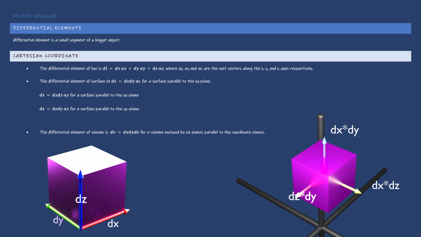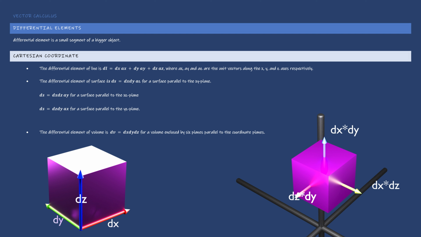The differential element of surface in Cartesian coordinates depends on which plane the surface is parallel to. If the surface is parallel to the xy plane, then ds equal dx dy az. This means that if we move a small distance dx along the x-axis and dy along the y-axis, the area of the patch is given by dx dy times the unit vector perpendicular to the plane, which is az.